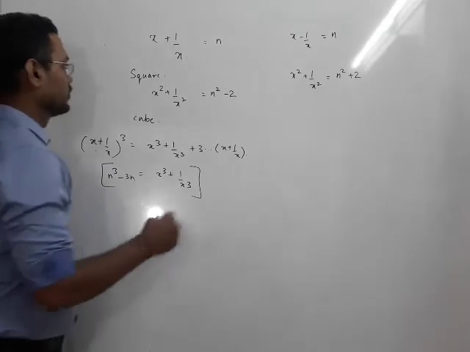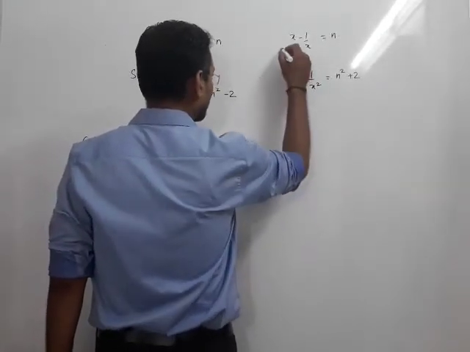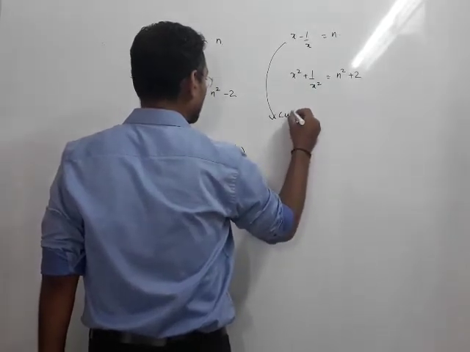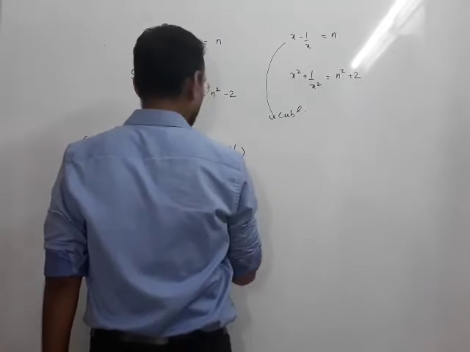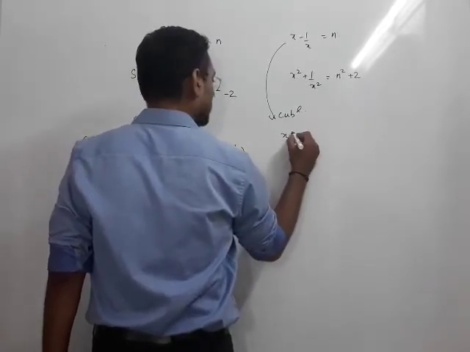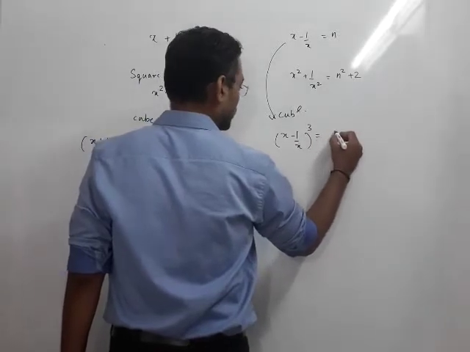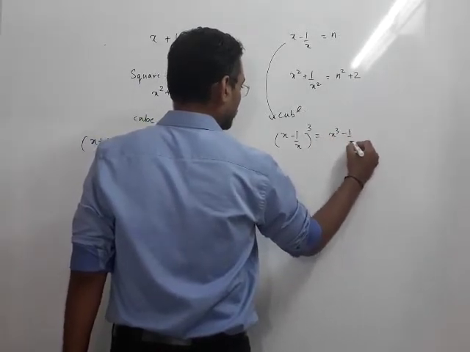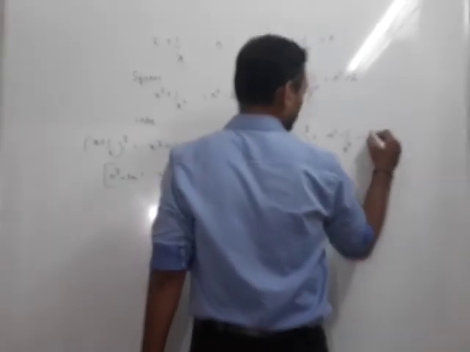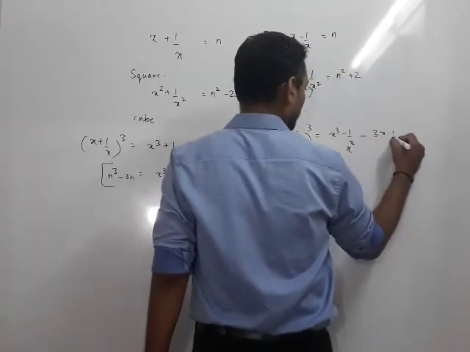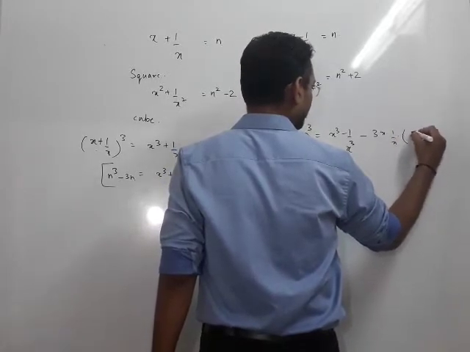Similarly, if it is x minus 1 by x the whole cube, it will be a cube minus b cube minus 3ab, which is 1, into a minus b. For those who have not understood, kindly replay it, you will understand.